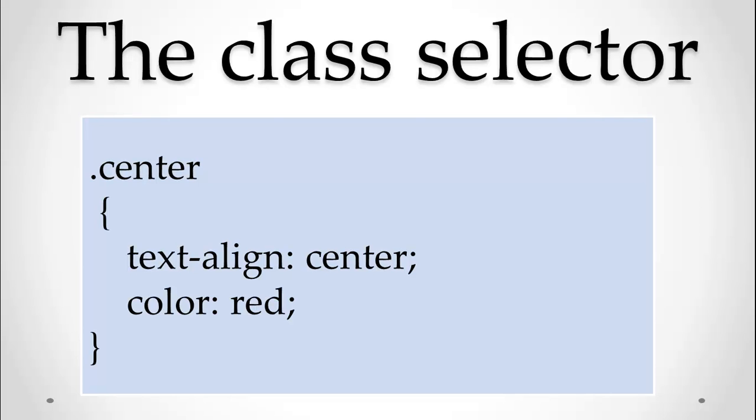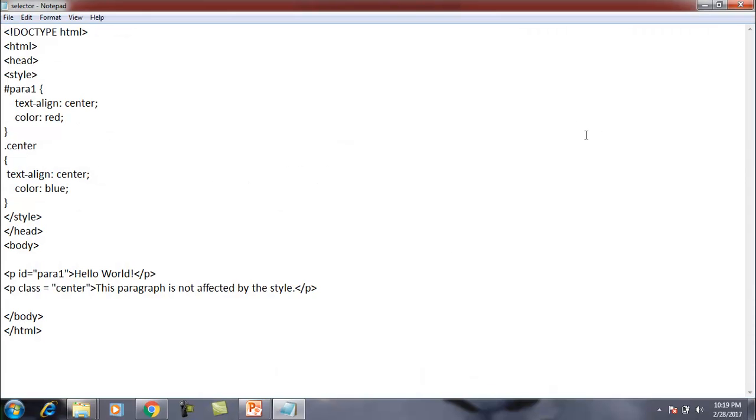Now, I am going to explain an example of the ID selector and the class selector. So this is the example of the ID selector and the class selector. In this paragraph tag, the ID is equal to para1, and the formatting of this paragraph is here. Hash para1, text-align is equal to center and color is equal to red.